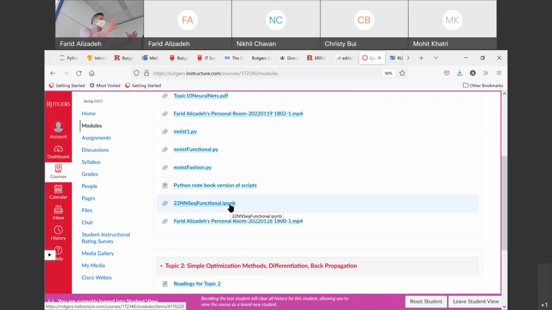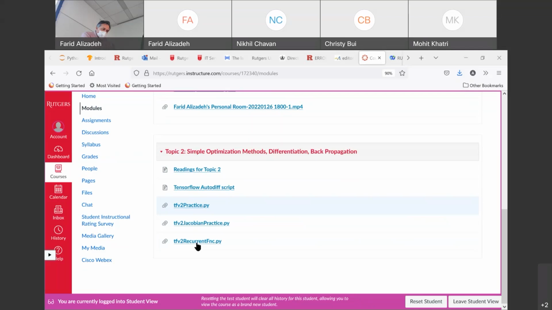So if you have a piece of code that you use a lot, you have to basically copy and paste it 1,000 times. That's annoying. But other than that, it's a good interface. So I will try to use this interface as well. I don't have a Python notebook right now. I actually prepared this, so I will post it after the class.